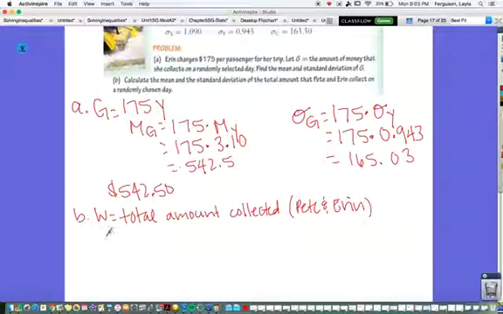To get W, it would be C plus G, C representing Pete and G representing Aaron.